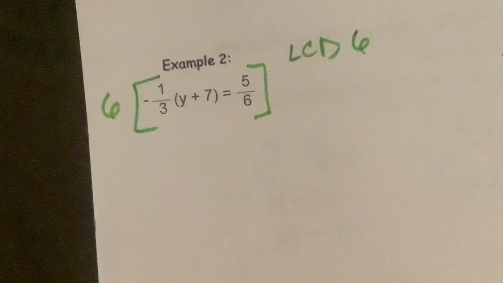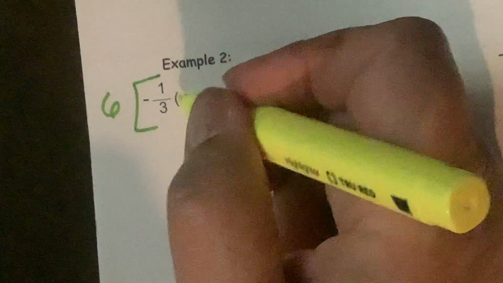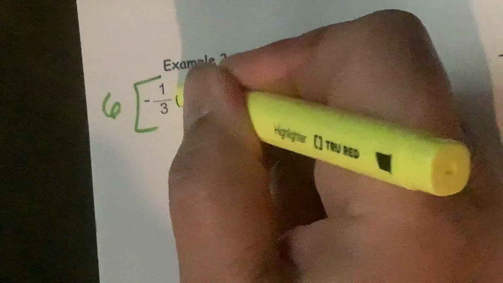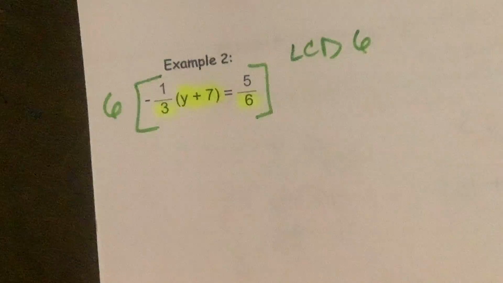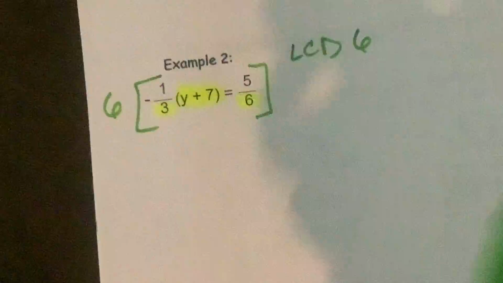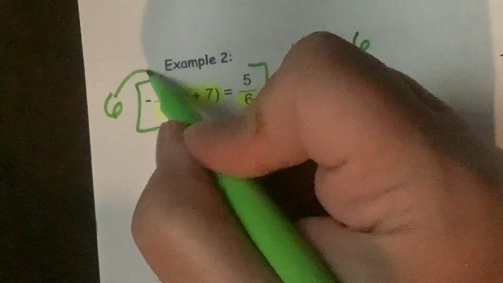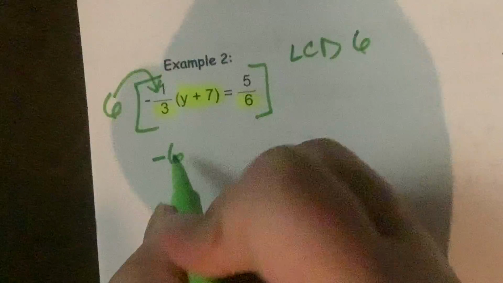Now remember, you don't have to do what's in the parentheses. I am not multiplying by y plus 7. And guess what? I'm not going to multiply by these denominators either. I'm only going to multiply by the numerator. So I'm doing this. 6 times negative 1 is negative 6.